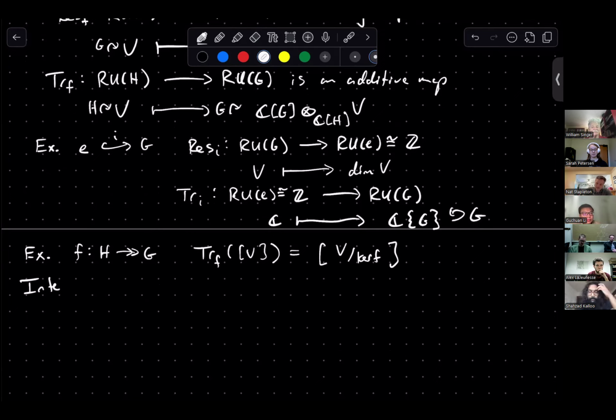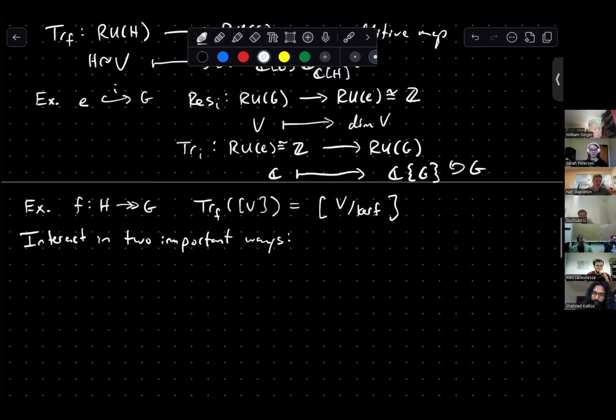These interact in two important ways, and these are going to introduce us to the definition of a global Mackey functor and a global Green functor. So the first one is the double coset formula.